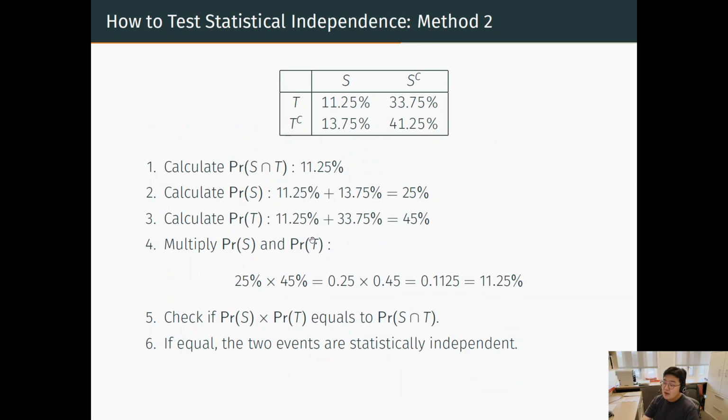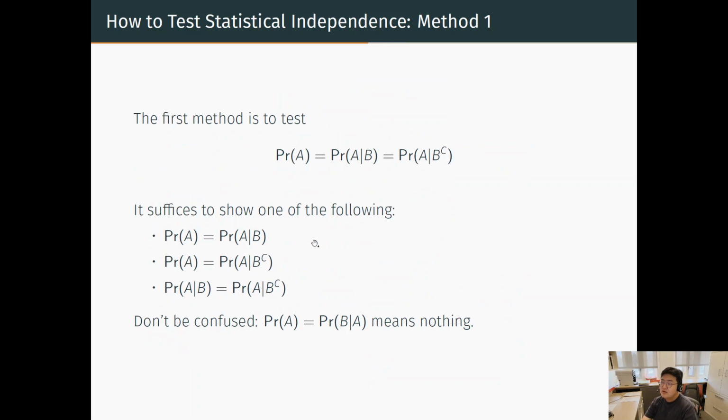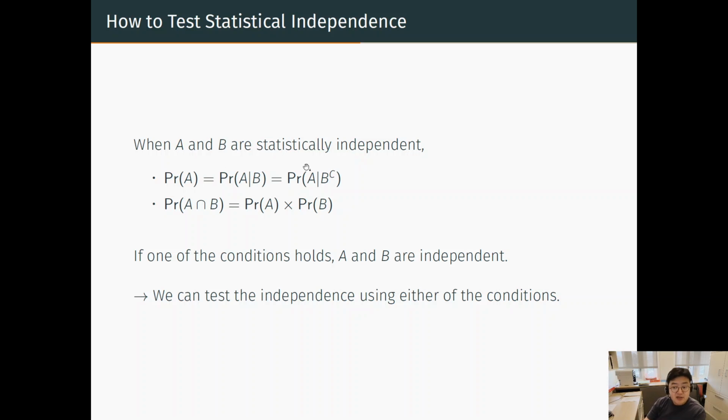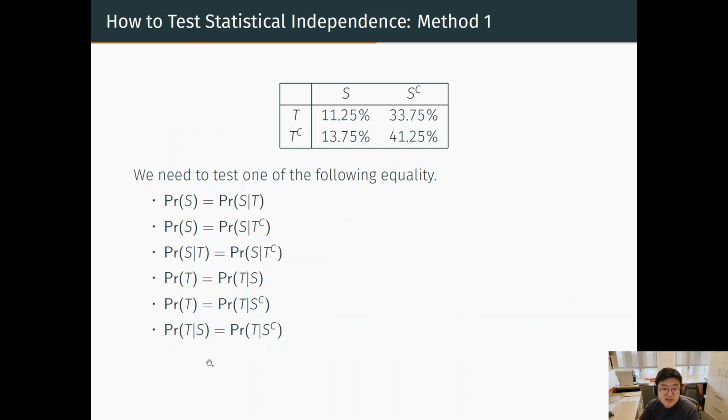Okay, so back here, to verify that two variables are statistically independent, you have to verify one of these two. If you decide to verify the first one, you have 6 options, but just verify one of them. That's enough.